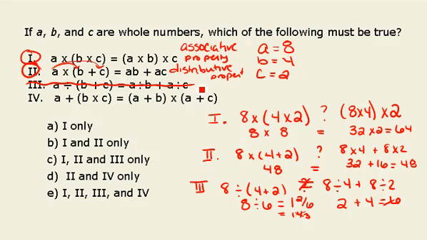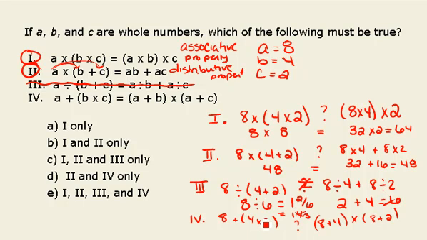Therefore, number 3 is not a valid property of multiplication. Finally, we will look at number 4. Number 4 says I first want to take a and add it to b times c, or 4 times 2, and I want to know if that is equivalent to taking a plus b, or 8 plus 4, and then multiplying that result by the quantity of a plus c, or 8 plus 2.